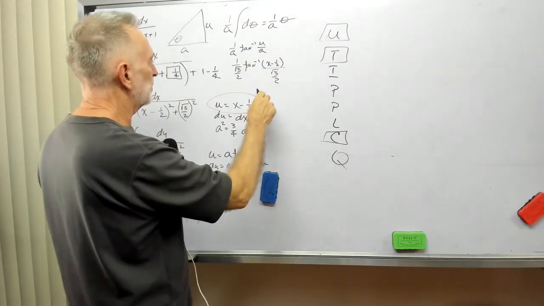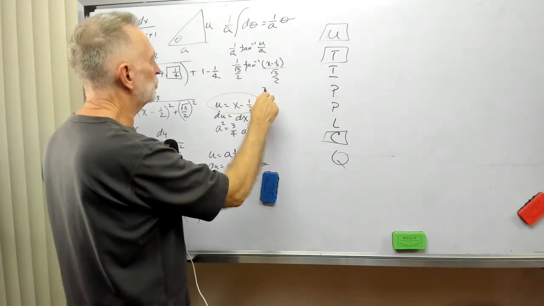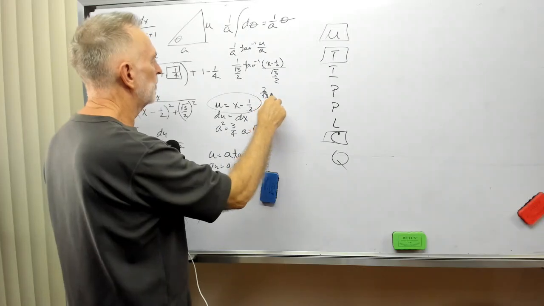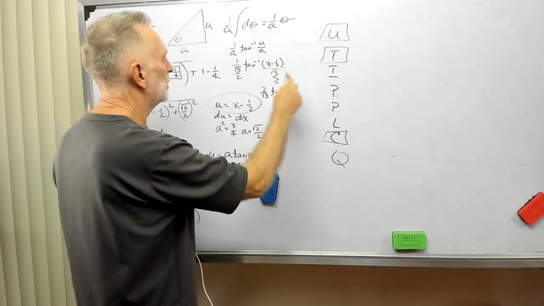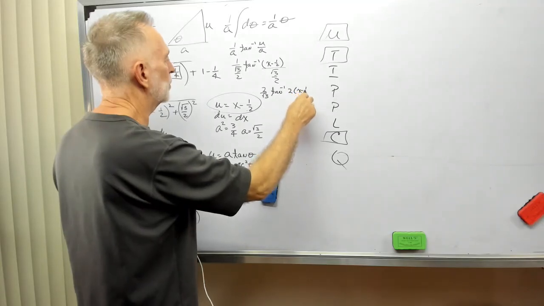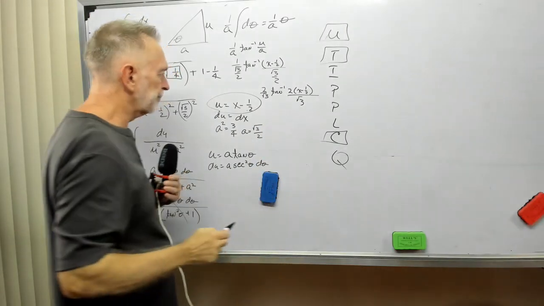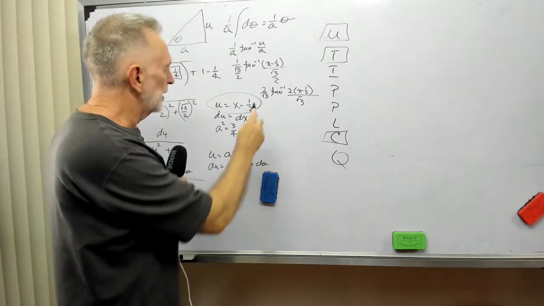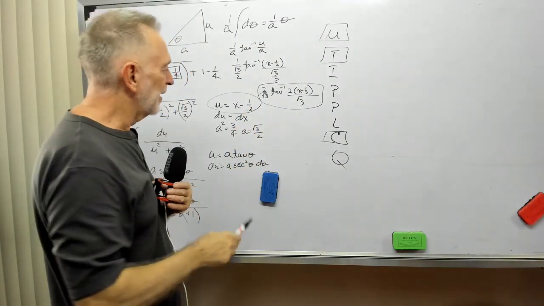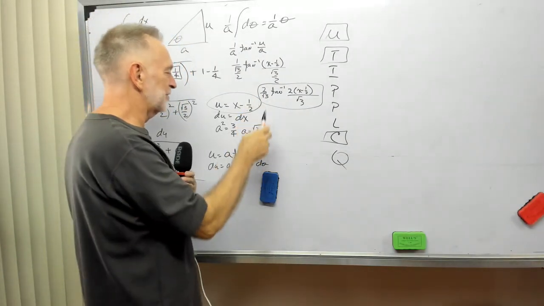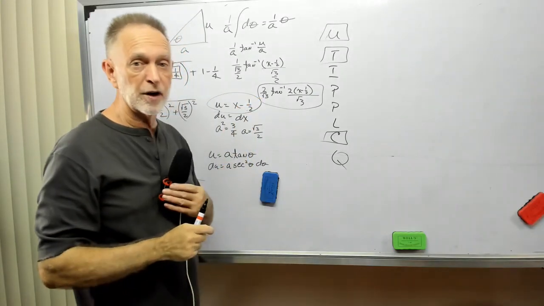So now I need to flip those up. 1 divided by this would give me 2 over square root 3 tangent inverse 2 times x minus 1/2 over square root 3. Now, I don't have a problem leaving it like that, but the mathematicians' hair would catch on fire. So let's multiply this by 1 to get rid of the radical in the denominator.